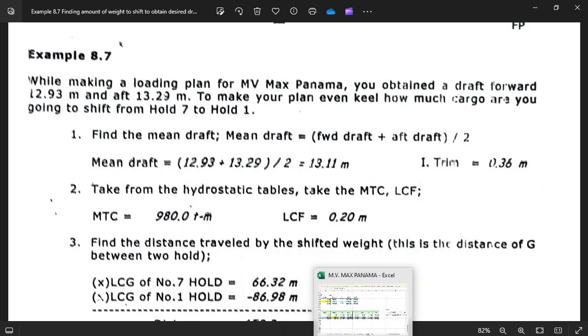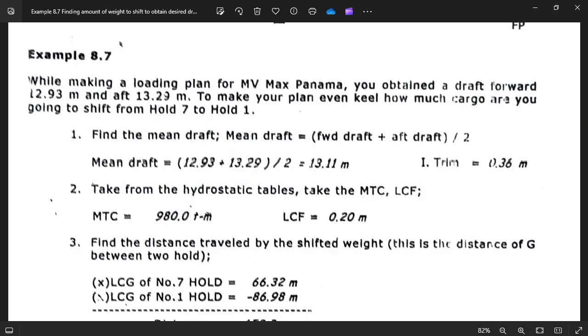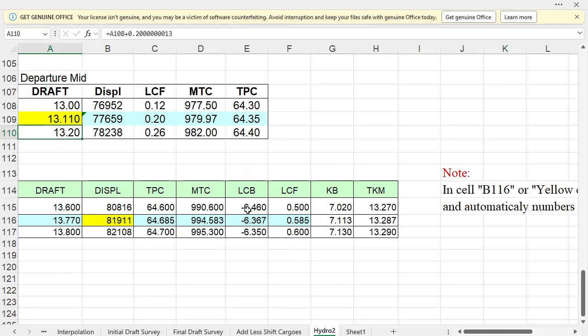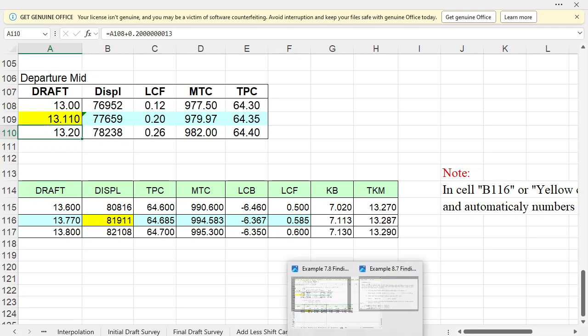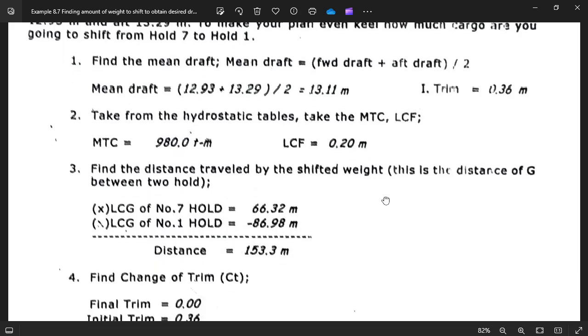Okay, it is on the up part, yes, upward. So LCF is 0.20.